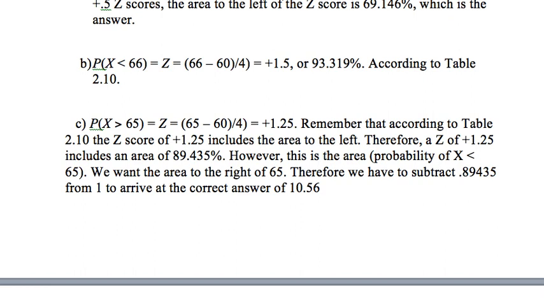So we go through the mathematics once again, 65 minus 60 divided by 4, and we arrive at plus 1.25. Okay, now part A and part B were looking at random variables being less than. This time we're looking at random variables being greater than some value, in this case 65.